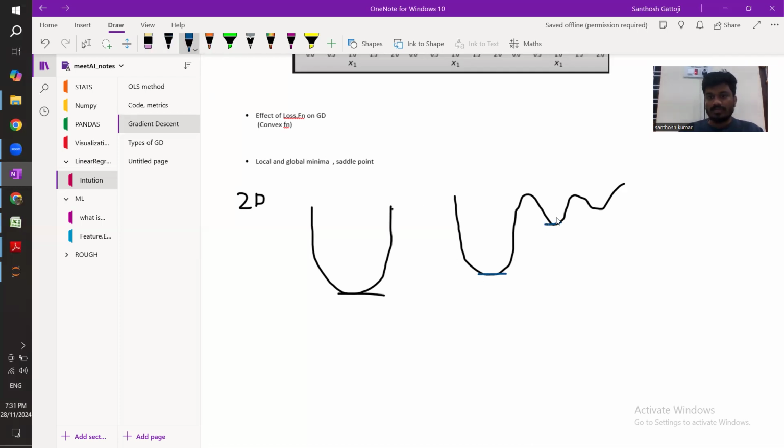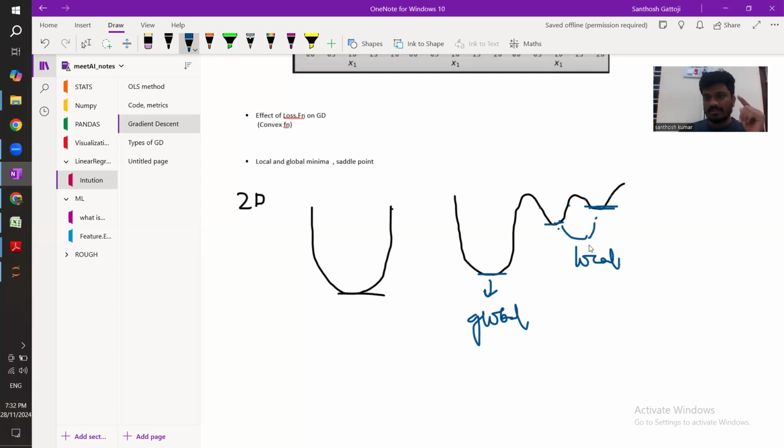This is also a minimum when compared to these points, but when compared to these points, it is not. Similarly this is also a minima when compared to these points, but not when compared to these. So the lowest minima is called the global minimum, and these two are called local minima.